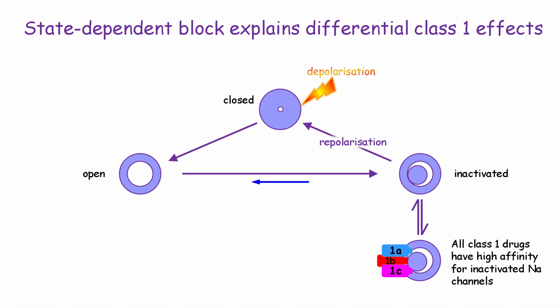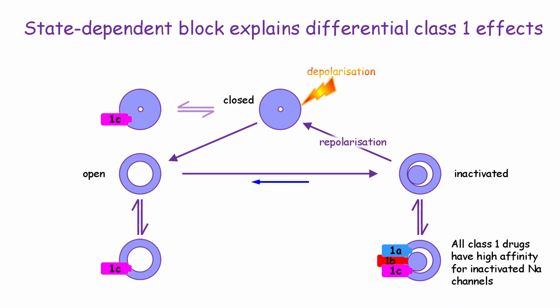Class 1C drugs, for example, also have moderate affinity for the closed or resting state, meaning that a significant number of channels can be blocked before they even open, reducing the pool of channels available as the action potential begins. However, they show even higher affinity for the open state, so much of their action occurs as the channels activate during the upstroke.